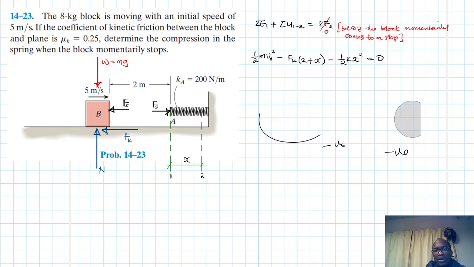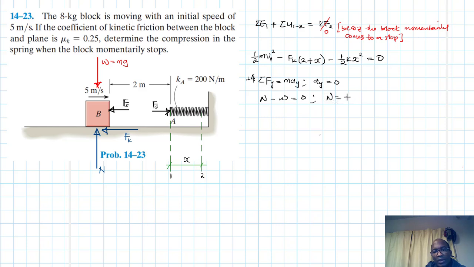So let's find what Fk is, which is friction. We'll say the summation of forces in the y direction equals m a_y, and we know that our a_y is just equal to 0. We don't have motion in that direction. So we have N minus W equal to 0.